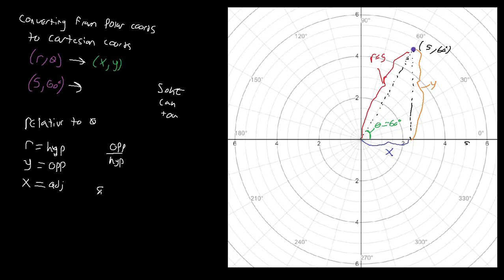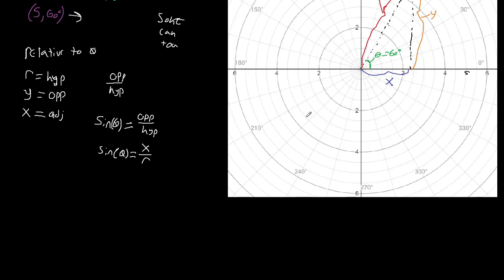So we know that the sine of theta is going to be equal to the opposite over the hypotenuse. So we know that the sine of theta is going to be equal to x over r. Let me slide down just a little bit here. Okay, so let's go ahead and look at this relative to our actual equation here.